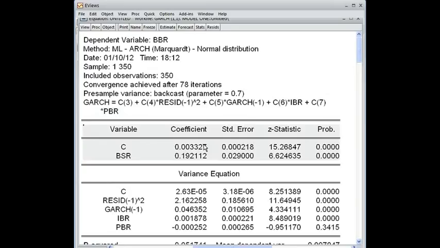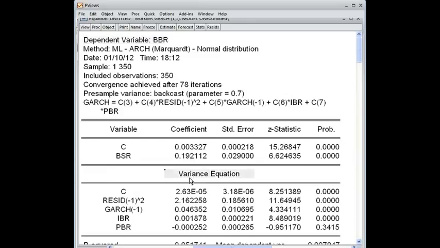So that variance of the residual has become the dependent variable. Variance of the residual means the volatility of the Bangladesh bond return. So the dependent variable actually is the volatility of the Bangladesh bond return. That is here.